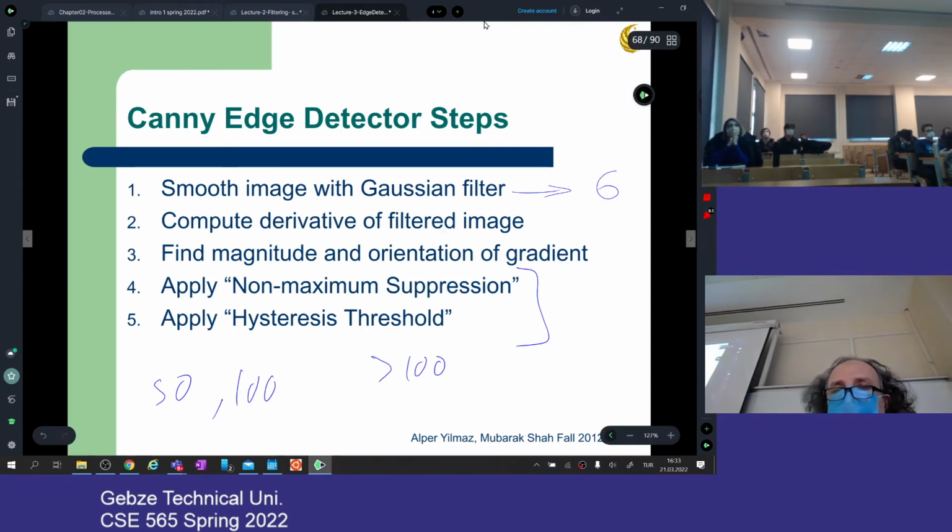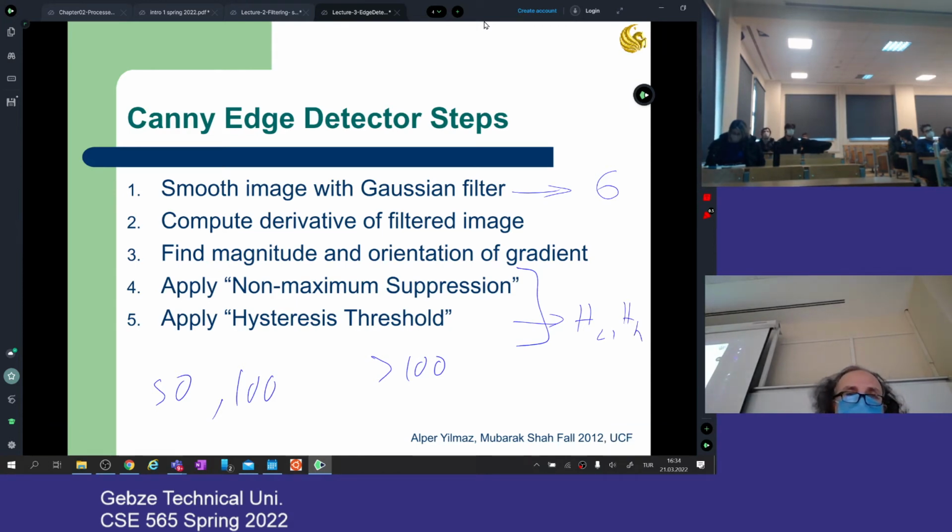Then we apply the derivatives, and then non-maximum suppression doesn't need any parameters, and I need two parameters, hysteresis low and hysteresis high, and three parameters will make us a nice edge detector. It doesn't take the second derivative of the image because of the noise issues. Instead, it uses this non-maximum suppression plus the hysteresis thresholding. Good.